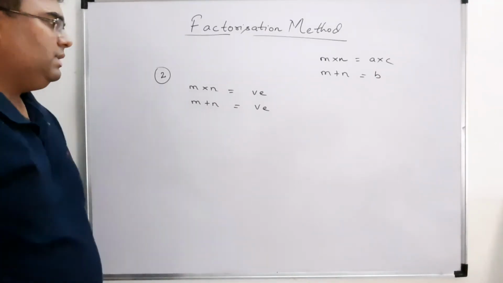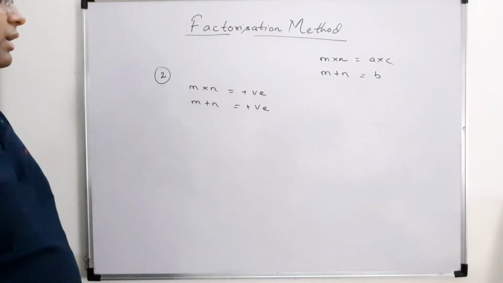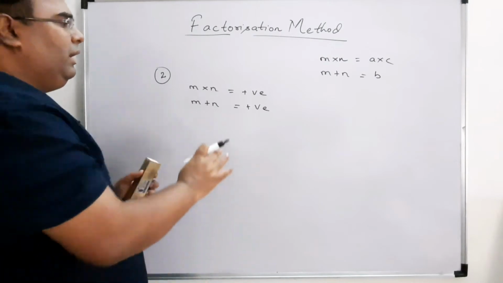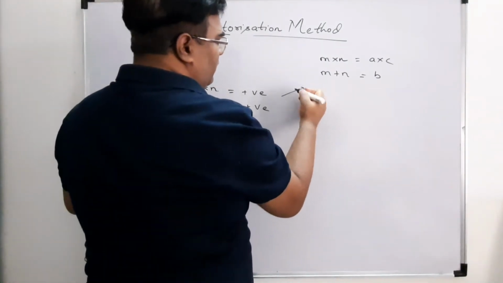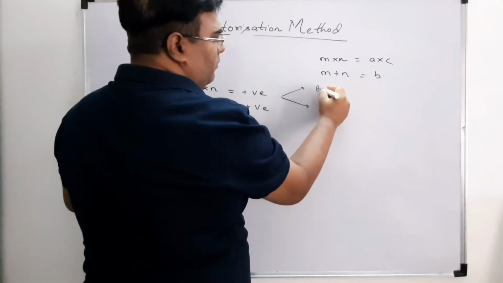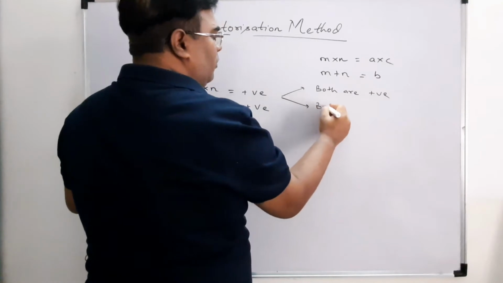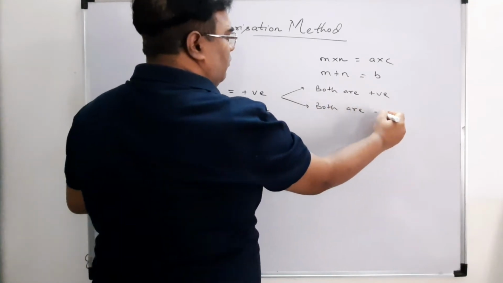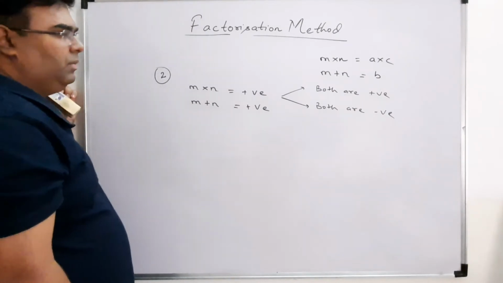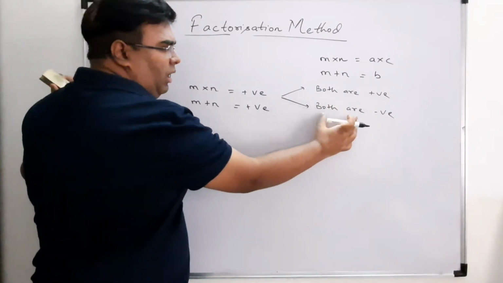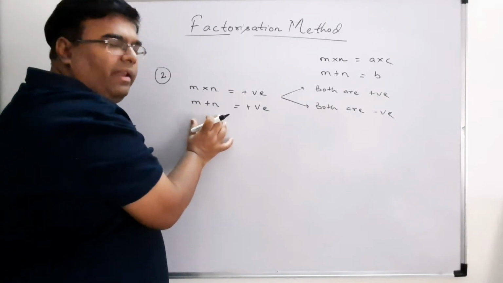Okay, our second case is both positive. Here you don't need to do anything. M and N can be positive in two ways: either both are positive or both are negative, right? But if both are negative and we add those numbers, you will always get a negative number.